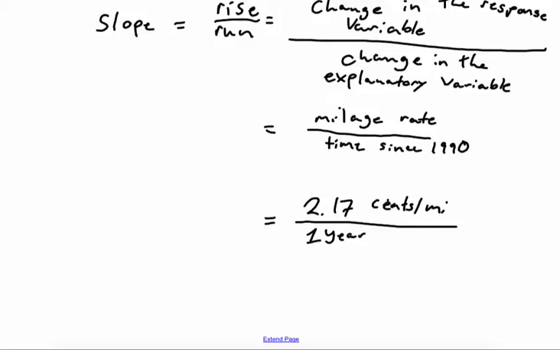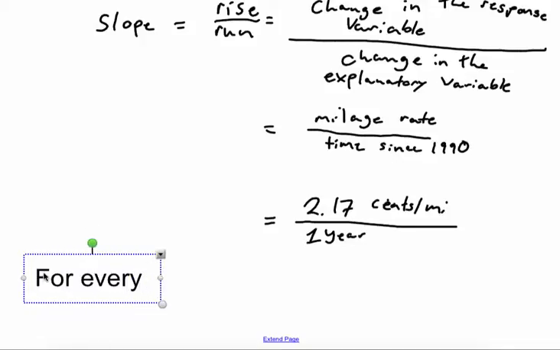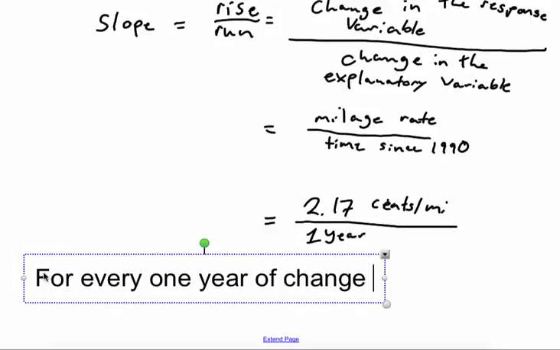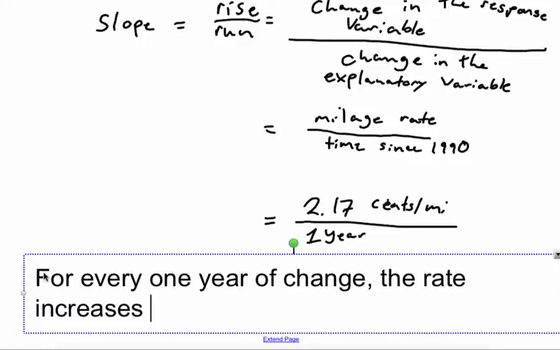What this is saying is that for every 1 year of change, so for example going from 1990 to 1991, the rate increases by 2.17 cents per mile. Remember, the slope is the rate of change, how many cents per mile is changing every single year. So that's part B.